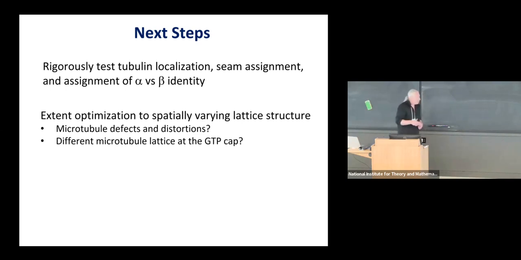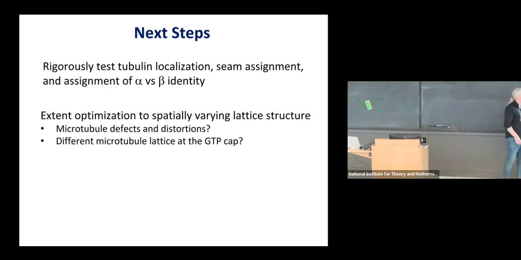And related to what was asked, right now we're just using a rigid template. But what we've started doing is optimizing over lattice structures. The details of the lattice geometry can be a free parameter, and one can do that in a spatially varying fashion, so we really look for defects and distortions in the microtubule and evaluate those.